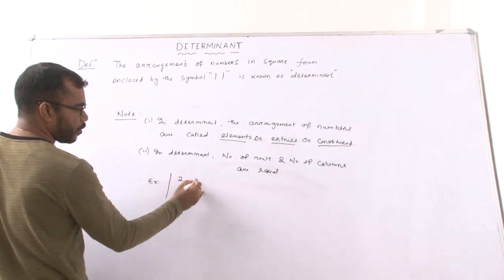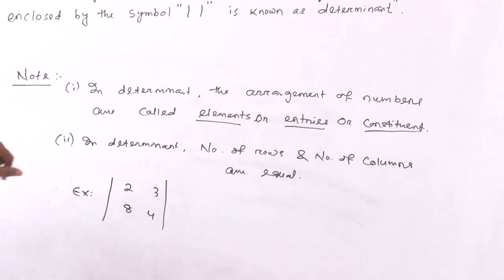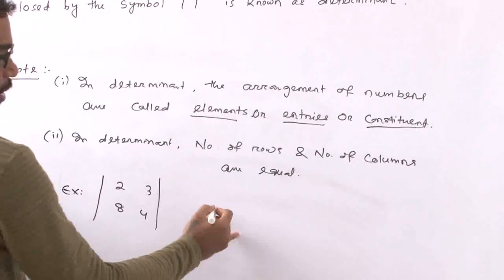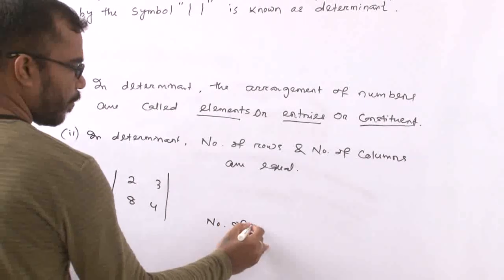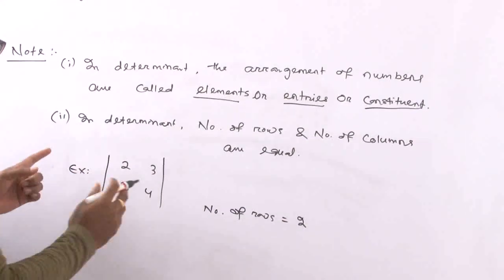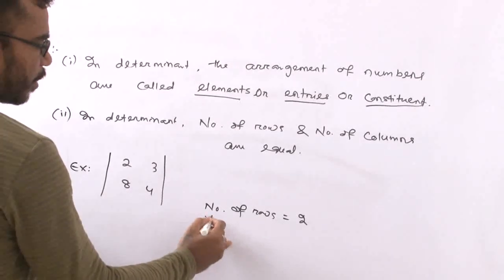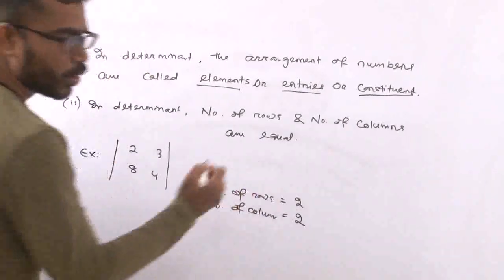Suppose 2, 3, 8, 4. It is a determinant because here the number of rows is equal to 2 because it contains 2 rows, and the number of columns is also 2.